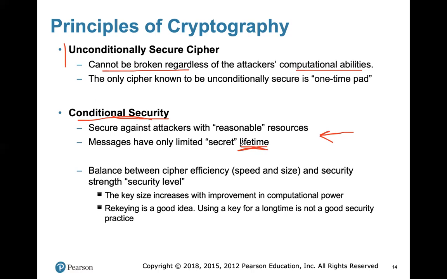I would say for credit card information, a maximum of 10 years. Because within a period like 10 years, your expiration date will arrive, they'll issue a new card, and the information on the card will change. So you don't need to protect your credit card information more than 10 years.